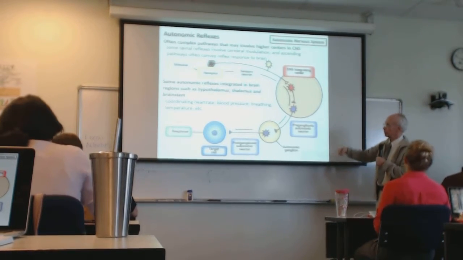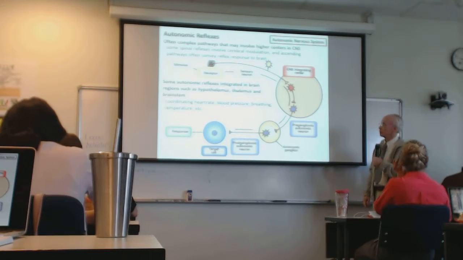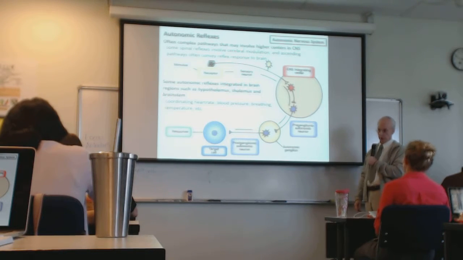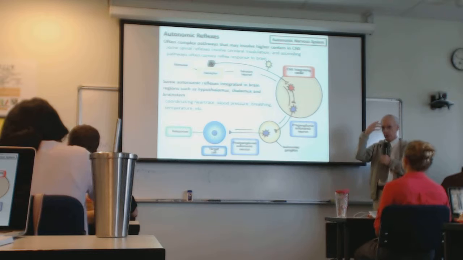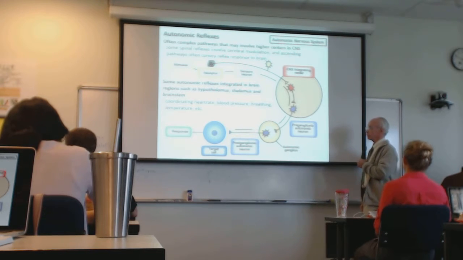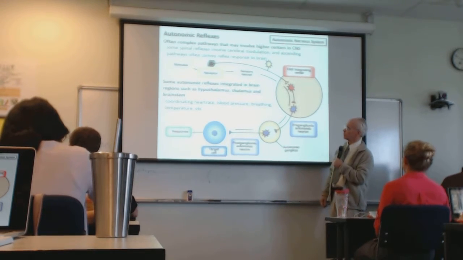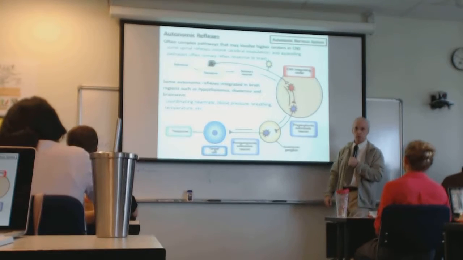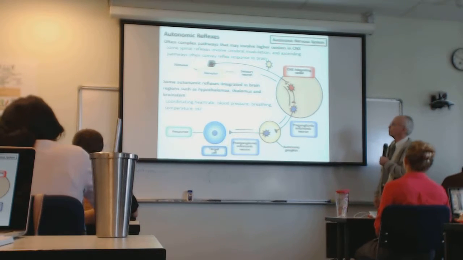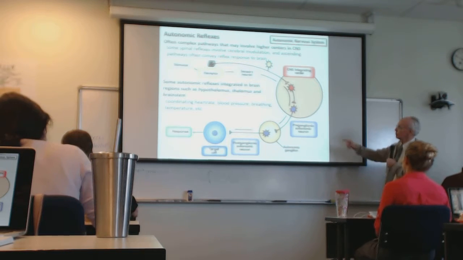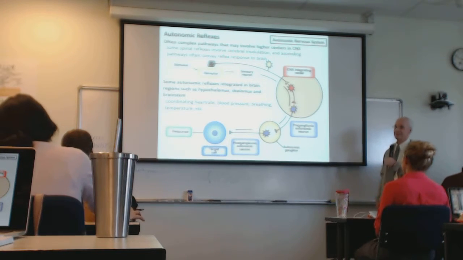There's a host of autonomic reflexes regulating every aspect of your physiology right now, everything from pupil size to level of perspiration, to whether you want to go to the bathroom right now, and so on. What you should know about these autonomic reflexes is that they're always polysynaptic.